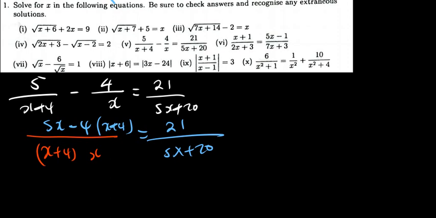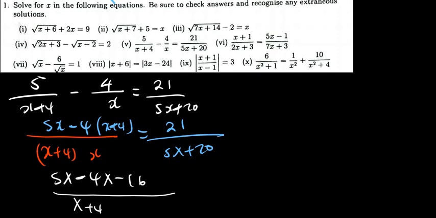Next, I can simplify the top part here. So it's going to be 5x minus 4x minus 4. 4 times 4 is 16. Then I divide this by x plus 4. Then I've got x should be equal to 21 over 5x plus 20.